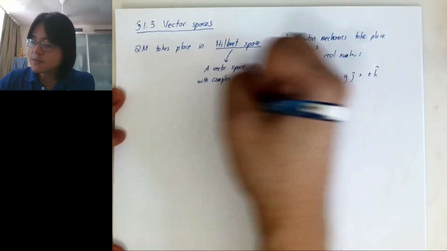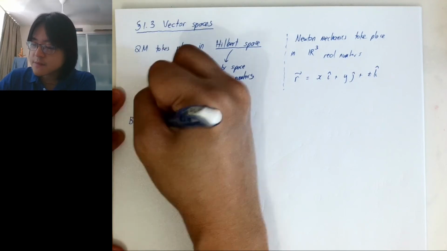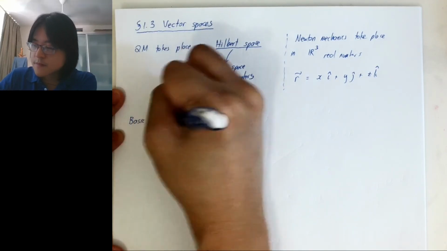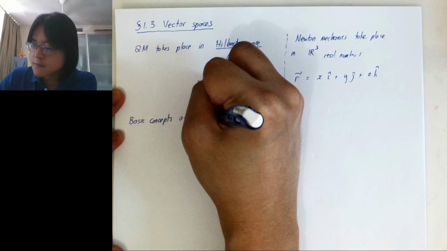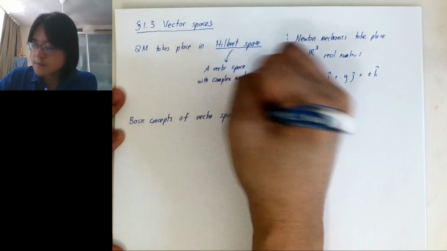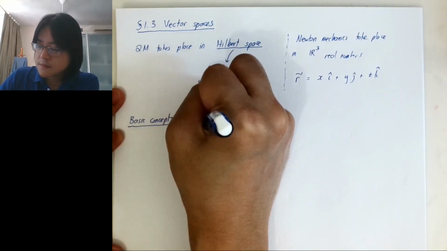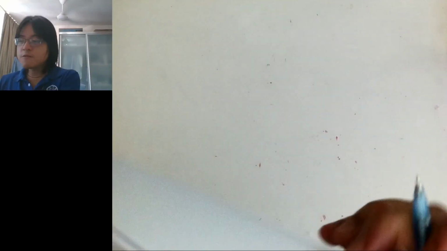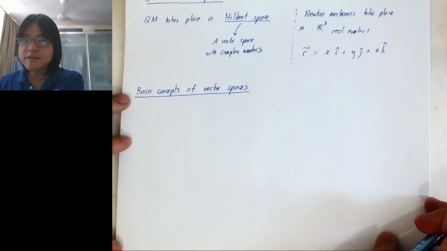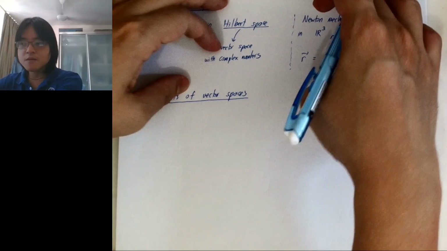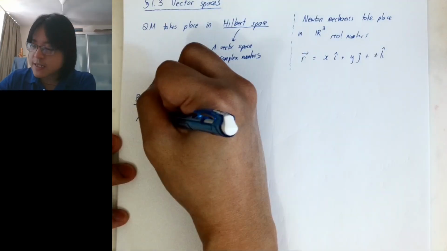So let us review the basic concepts of vector spaces. Okay, so what's a vector space? A vector space in general, to encapsulate these as special cases, is just a set.